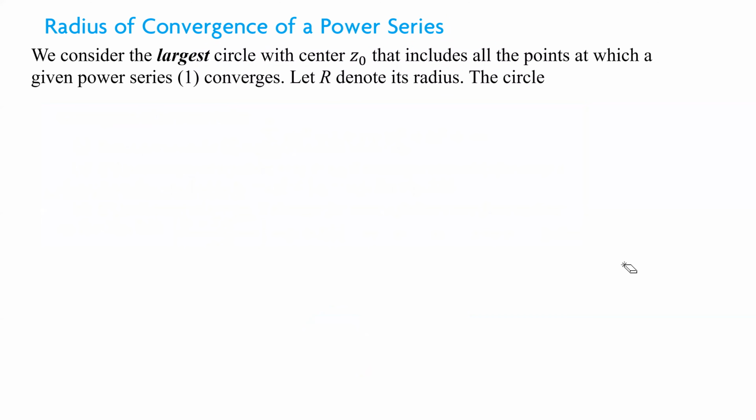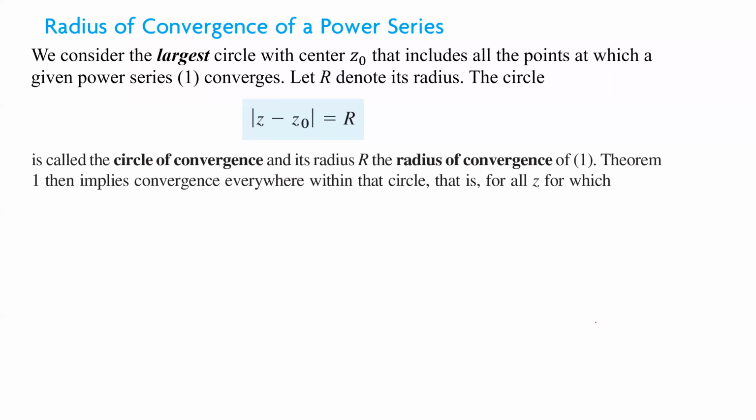What is the radius of convergence? We consider the largest circle with center z0 that includes all the points at which a power series converges. Let R denote its radius. The circle absolute value of z minus z0 equal to R, you see, this is a circle with center at z0 and radius R. It is called the circle of convergence, and its radius R is called the radius of convergence.